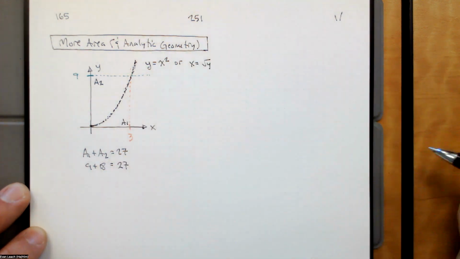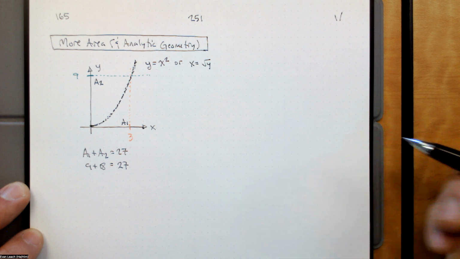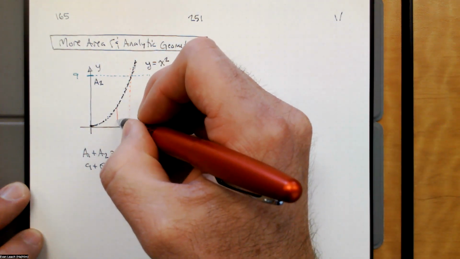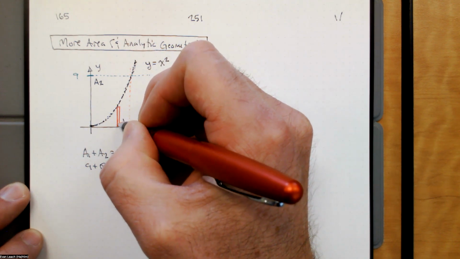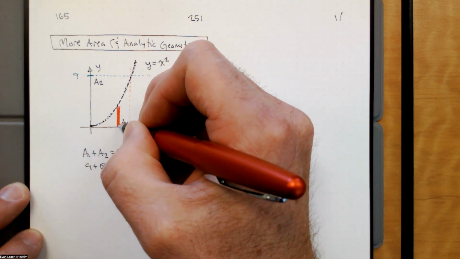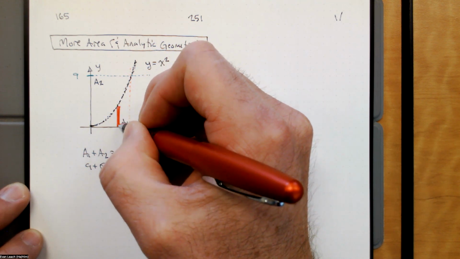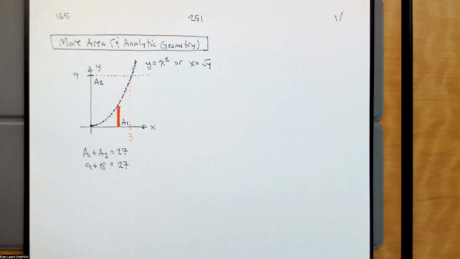Let's suppose we wanted to set up a definite integral for the area A1. There are a few options. I could do the standard delta x. Because this is a function of x, it's most convenient to write this as a function of x.